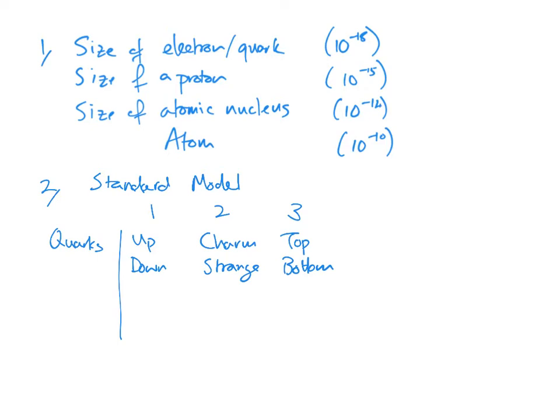Then going with that, you have the leptons. So you've got the electron, and what's commonly just called the neutrino, but its full name is actually the electron neutrino.